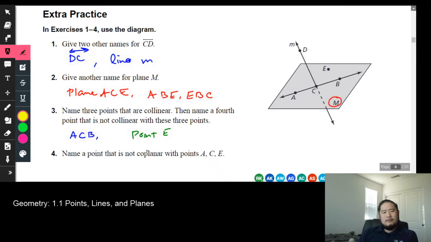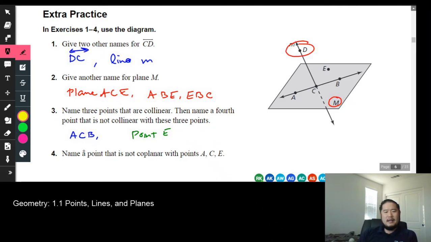Next up, number 4. Name a point that is not coplanar with points A, C, and E. Remember, if it's coplanar, these are points that are on the actual plane itself. If you notice, this point D is actually not on the plane.